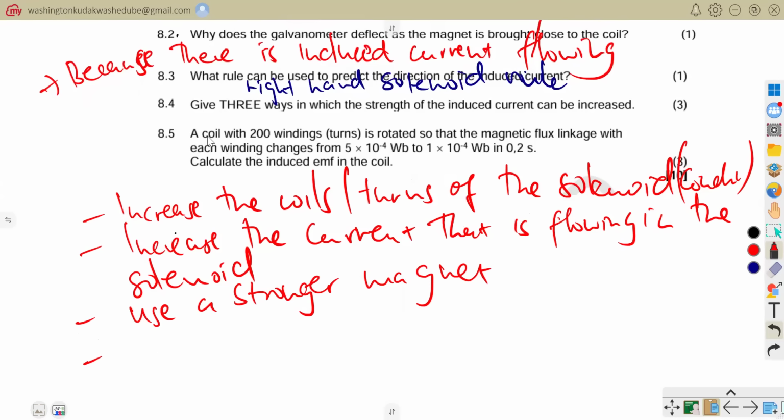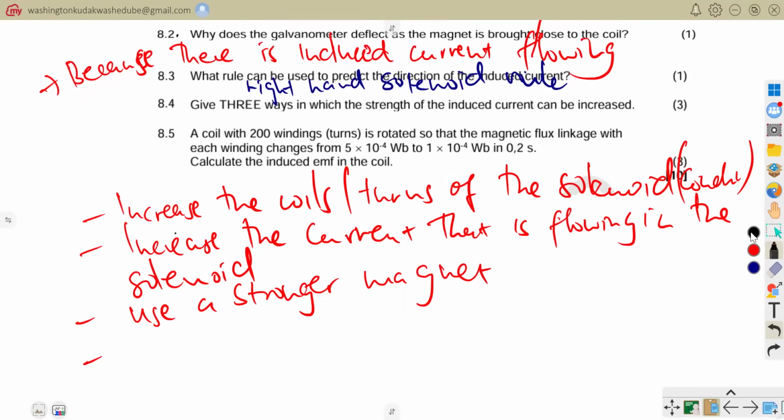Now they are saying a coil with 200 windings, which are 200 turns, is rotated so that the magnetic flux linkage with each winding changes from 5 times 10 to the power negative 4 Weber to 1 times 10 to the power negative 4 Weber in 0.2 seconds. Calculate the induced EMF in the coil.